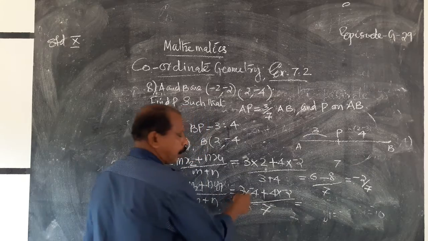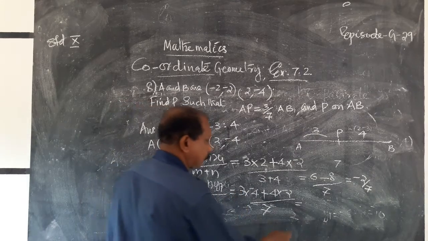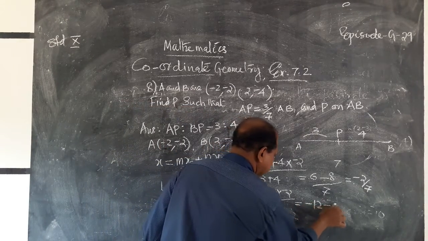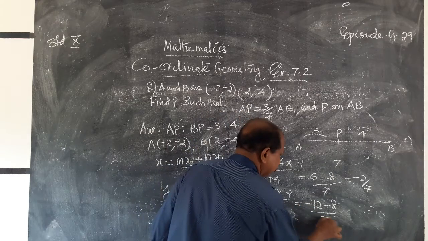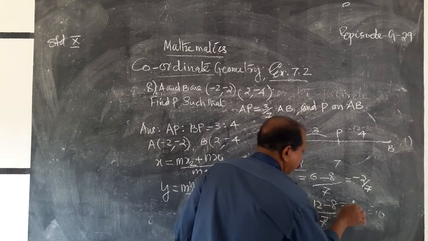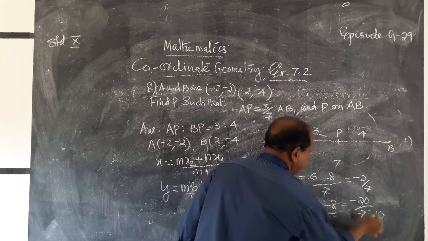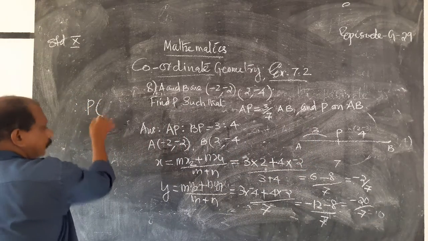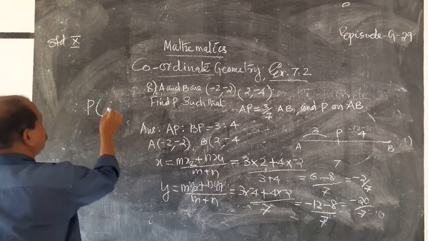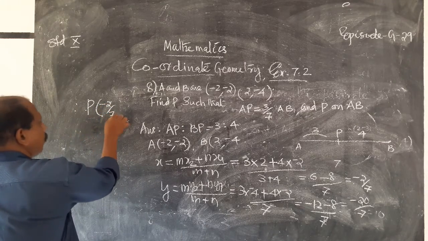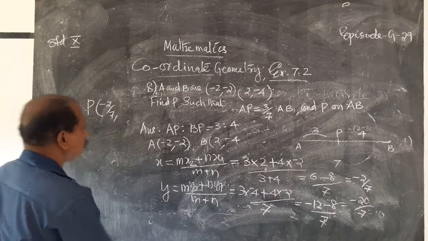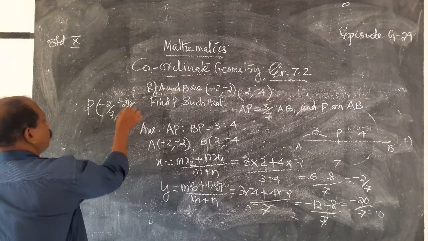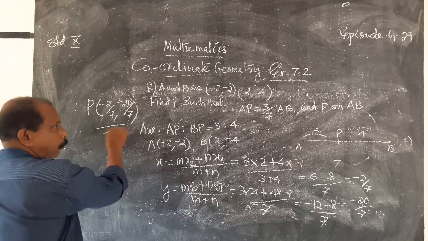That is equal to 3 into minus 4, minus 12, minus 8, divided by 7. That is minus 20 by 7. Then what is the answer? Therefore, P is minus 2 by 7 as the x coordinate and minus 20 by 7 as the y coordinate. This is the point P.